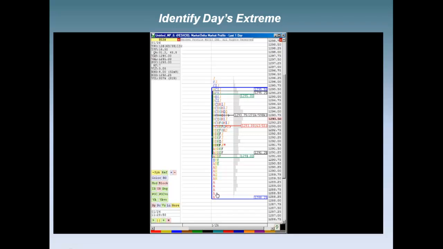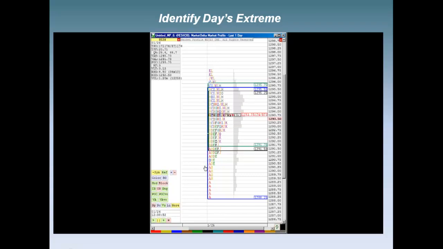And when you also have a footprint chart open next to you, it should make this even easier. Sure enough, our day is about to close, and we never did break the low that we determined very early on, and we're continuing to trade in the higher part of the value range.